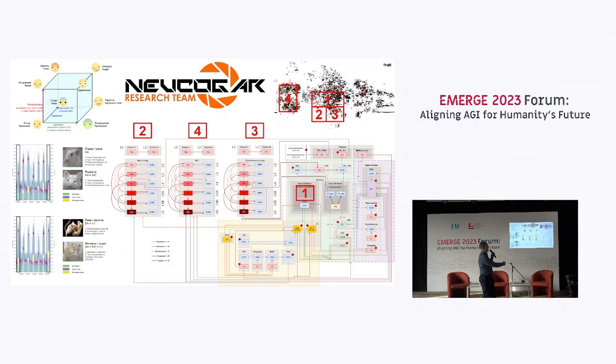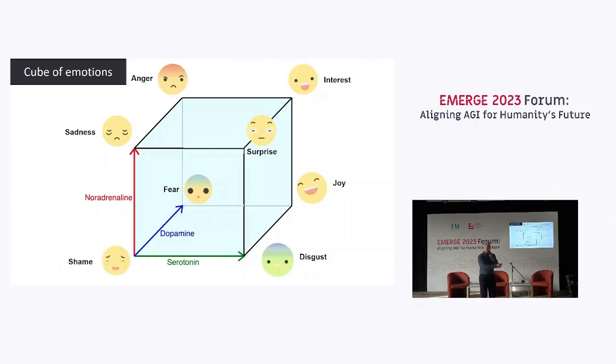So the question is, what are emotions, or what are the computational processes that are going on in the brain, and how can we map that to the computational processes in the computer or in the robot, if you like.